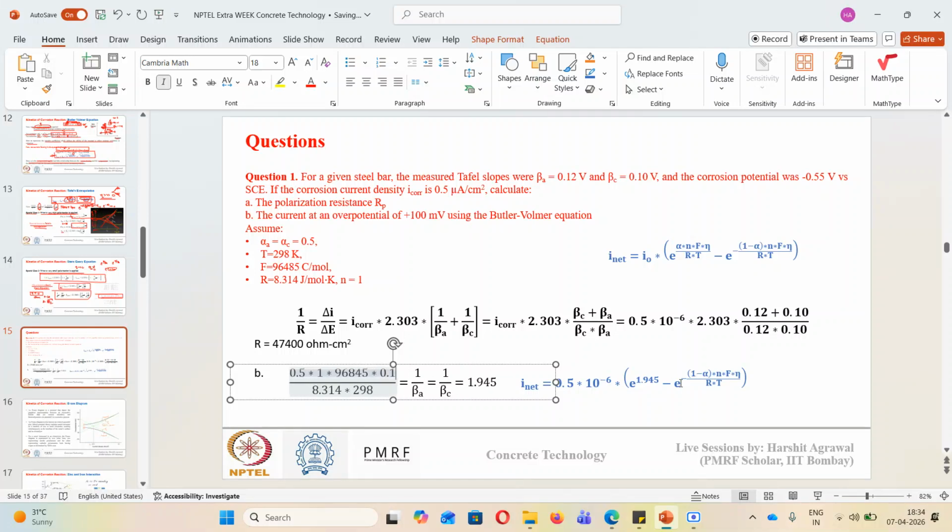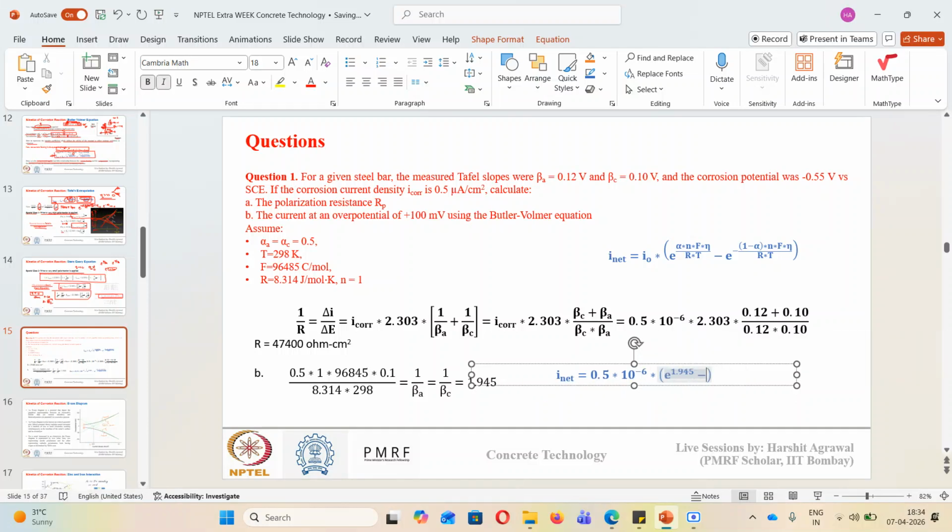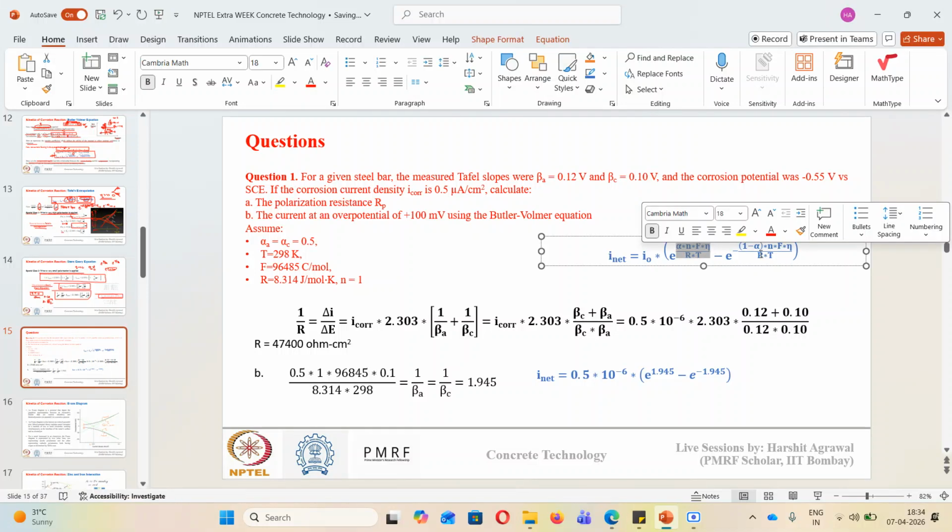Okay, so it is e to the power 1.945 minus e to the power minus 1.945. Since alpha a and alpha c are equal, both the terms will be equal.